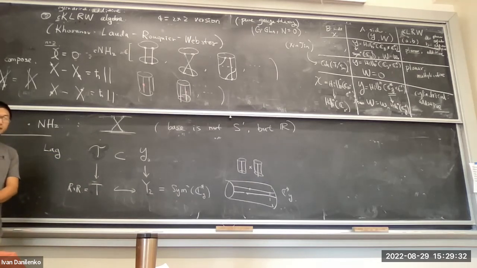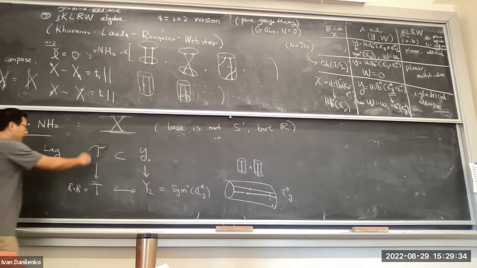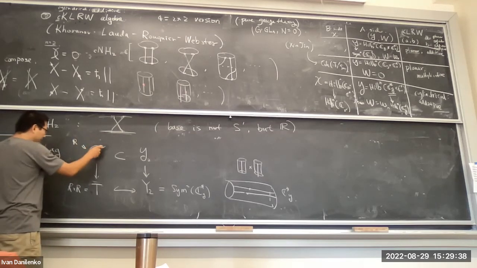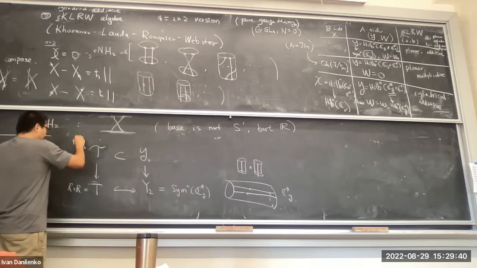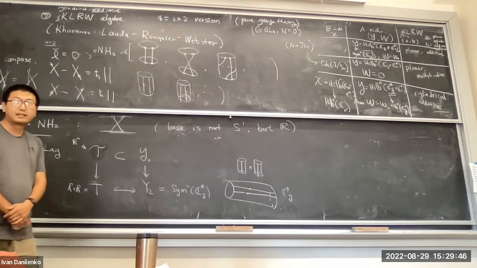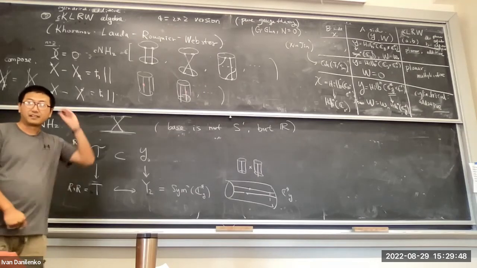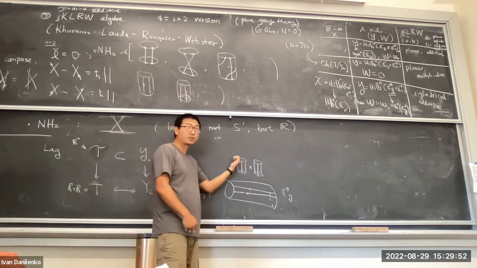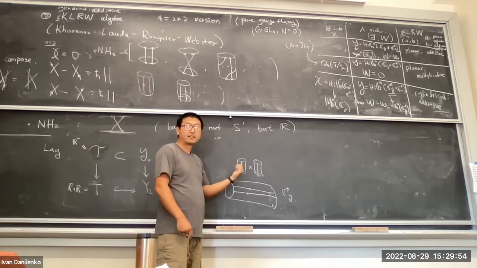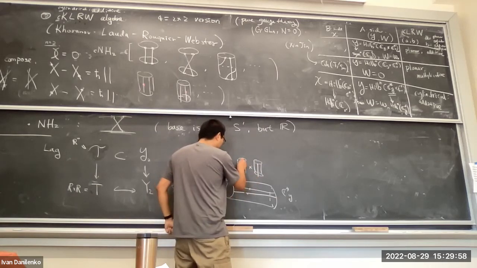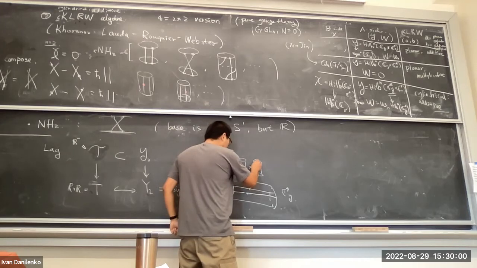So these Lagrangians are the mirror to the vector function. But if you're paying attention to the superpotential, you'd say, wait a second, where's the superpotential? Then I should tell you it's actually a little more subtle than that. Here's the stop.